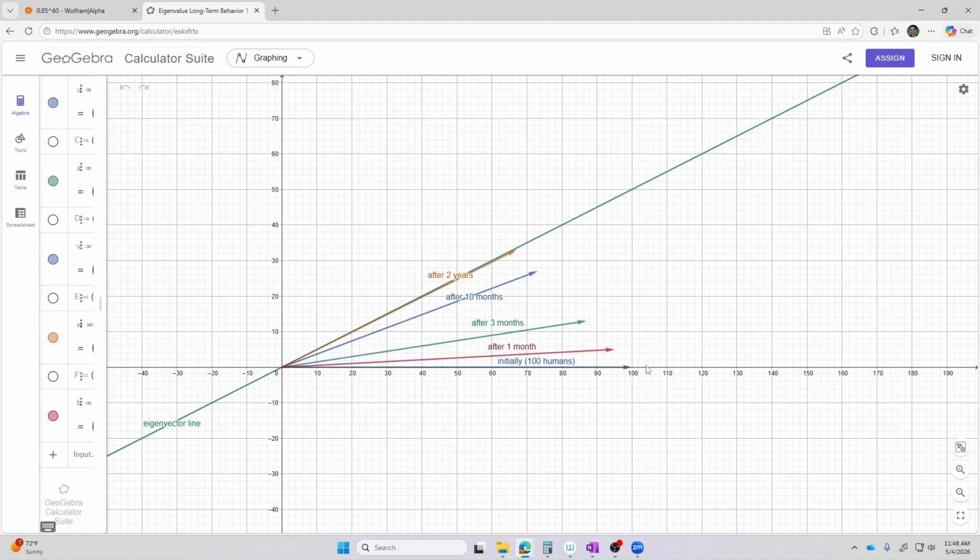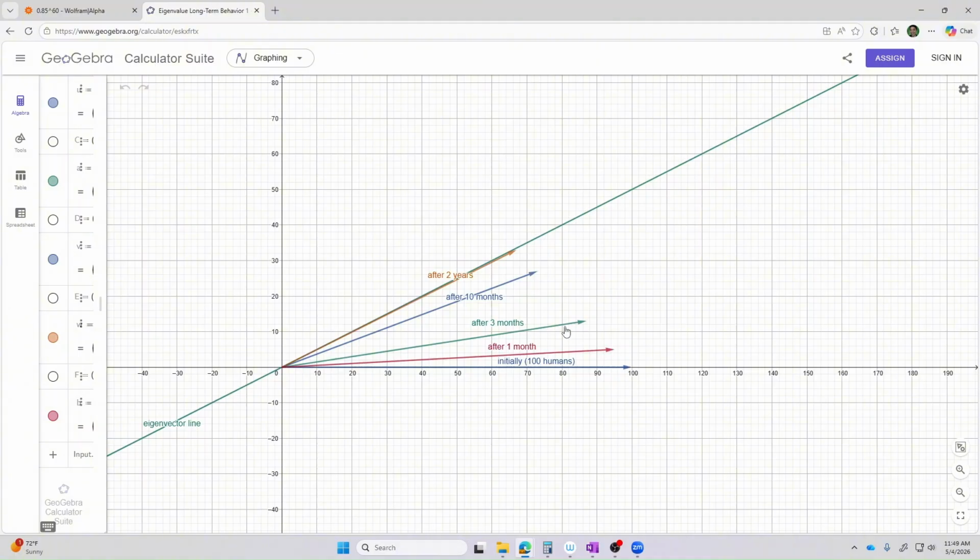We started out with our initial condition here. Initially, we had 100 humans, which I've represented as 100 on the x-axis, and just a single zombie, so almost nothing on the vertical axis. I'm using the vertical axis to store how many zombies we had. Now, after 1 month, the number of humans has decreased and the number of zombies has increased.